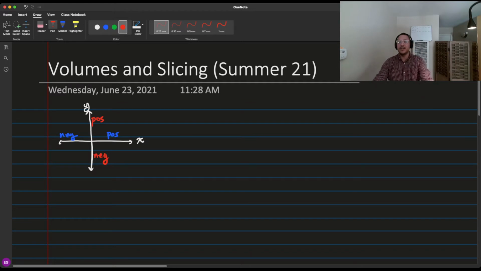The way we're going to draw this one is going to be similar, but slightly different. For our 3 dimensions, here is going to be our x-axis. And then here is going to be our y-axis.